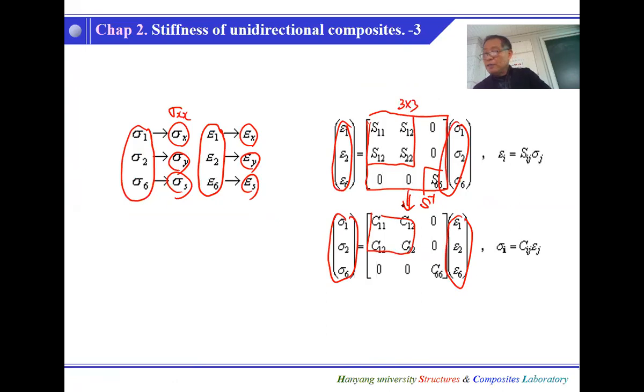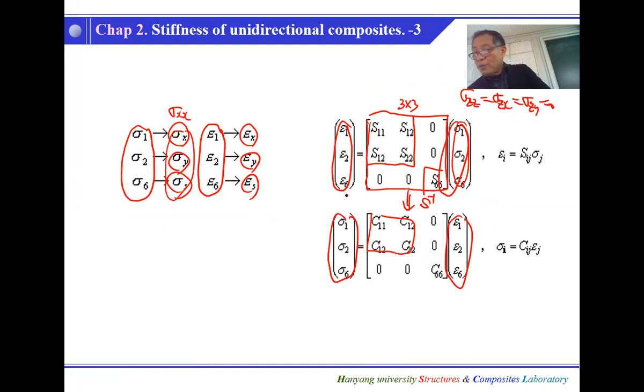The main reason is that these terms are from the assumption that sigma ZZ, ZX and ZY are 0.